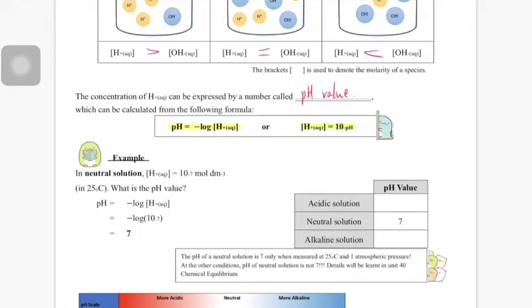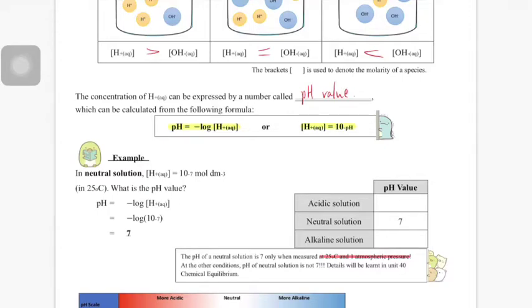Here I want you to pay special attention. This neutral solution have pH of 7 when it's at 25 degree and 1 atmospheric pressure. If we increase the temperature or we change the pressure, then it will not have the same pH value.